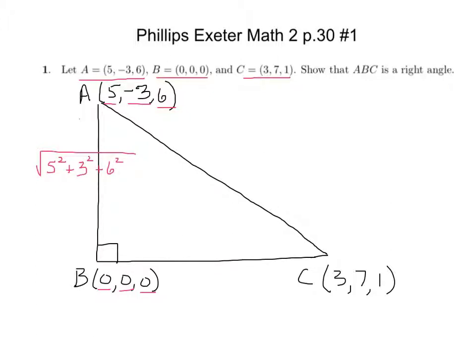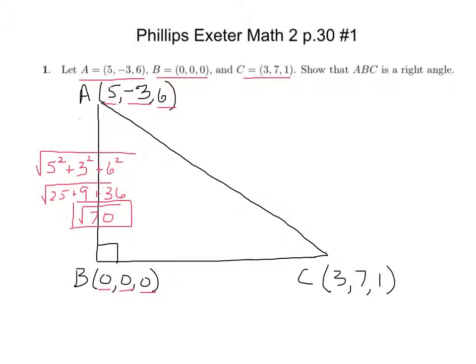So I have square root of 5 squared plus 3 squared plus 6 squared. Do some quick calculating here. Square root of 25 plus 9 plus 36. And we end up with square root of 70 for side AB.